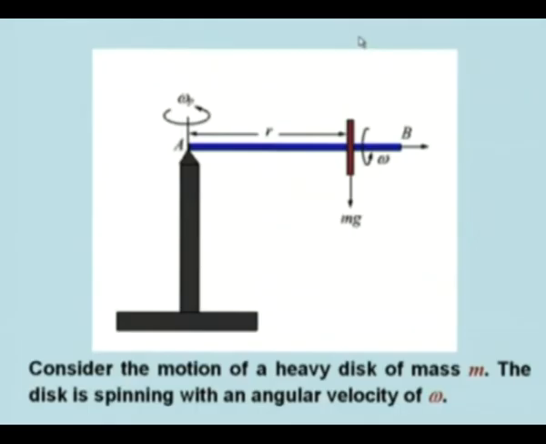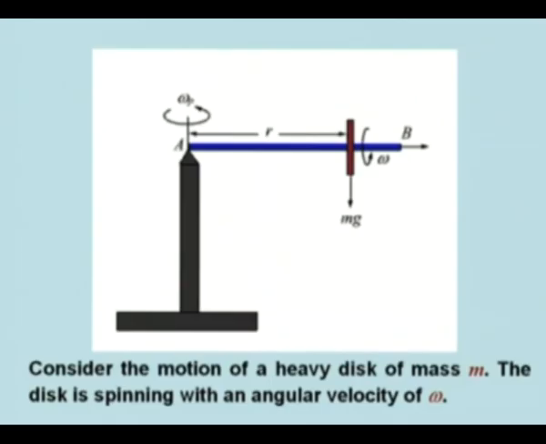Consider the motion of a heavy disk of mass m. This disk is spinning with an angular velocity omega. The mass of the shaft, for the time being, you assume is negligible, but you have a heavy disk mg, and the whole shaft is precessing with an angular velocity omega p.